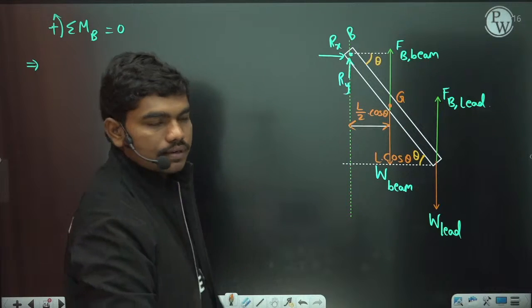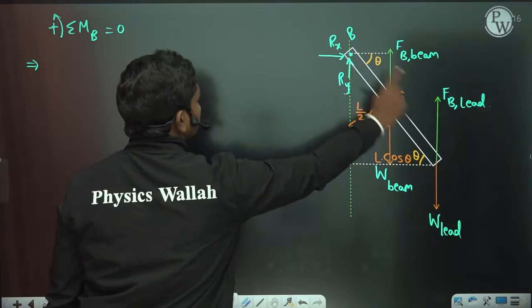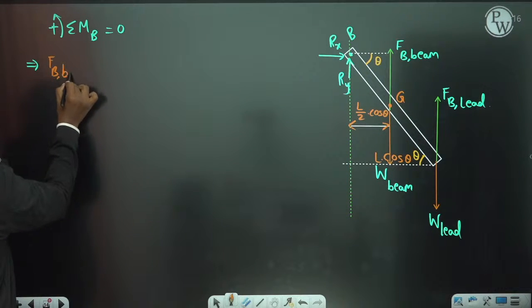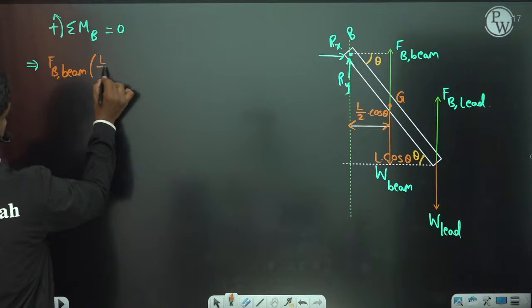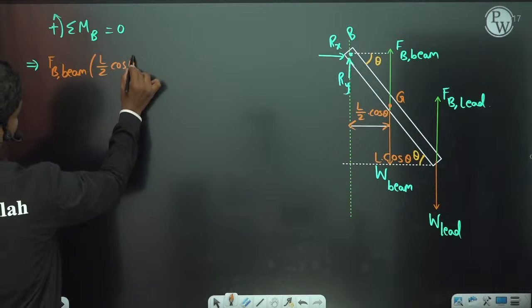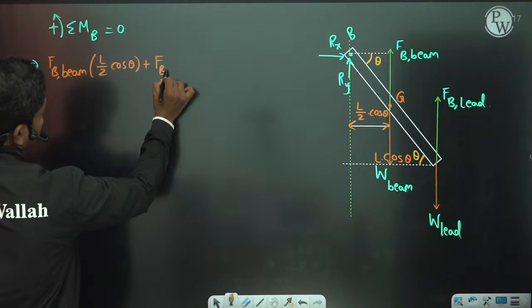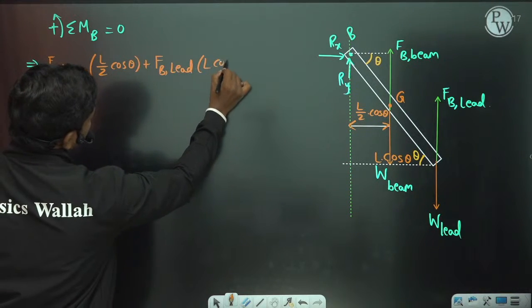Okay, now let us see here. If you add these moments, first of all, anti-clockwise moments are due to the buoyancy forces: buoyancy force acting on the beam into L by 2 cos theta, plus buoyancy force acting on the lead into L cos theta.